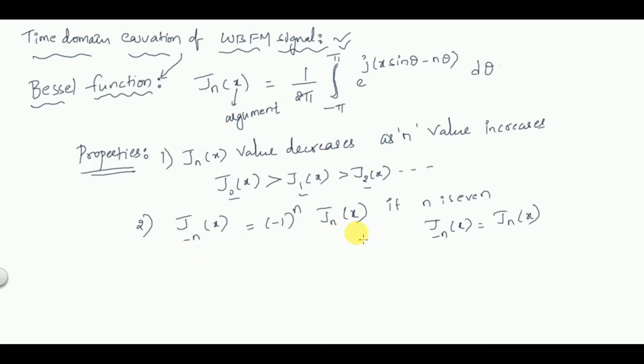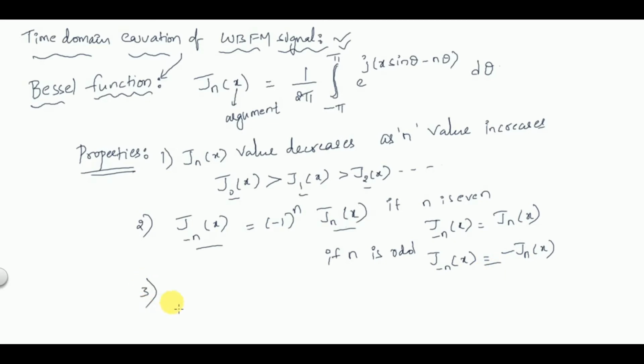If n is odd, then J minus n of x is equal to minus Jn of x, because minus 1 whole power 1 is minus 1, multiplied by Jn of x becomes minus Jn of x.